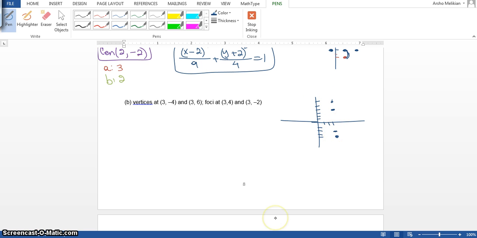What direction is this? Vertical. I need to find a, b, and c again. What is the center? Again, the center is the midpoint of these two: (3 + 3)/2, (-4 + 6)/2. So the center is (3, 1).